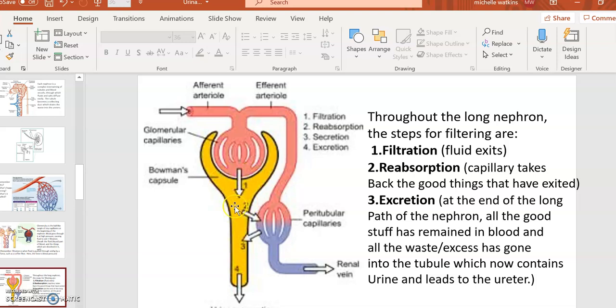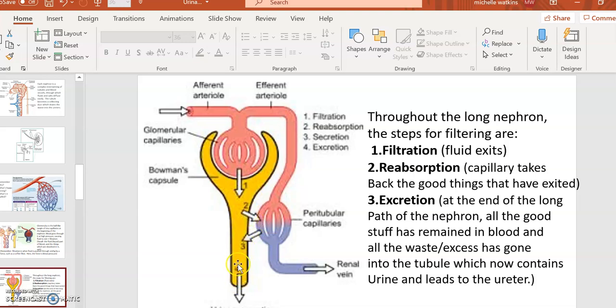Then as it's going along, really we know it's going along a long twisty path, but it's shown in a simple way here. What happens when there are good things that your body needs? It says, oh wait, I needed more of that bicarbonate ion, or I gave you too much water, I need more water back. They re-enter the capillaries. And instead your body decides, but this is what is truly excess, and it actually secretes and excretes it.